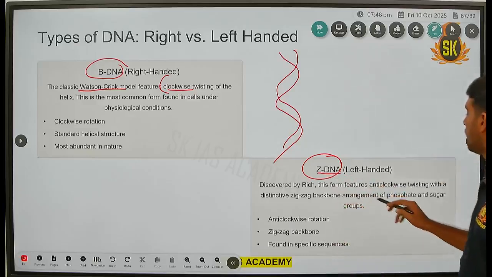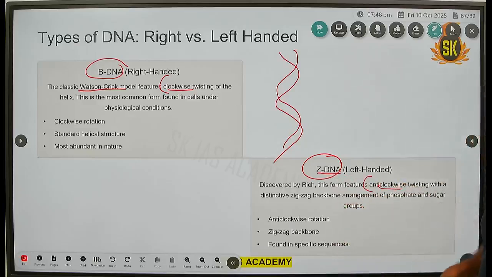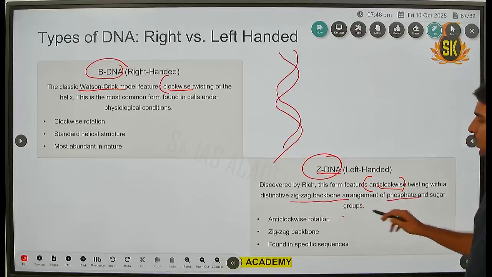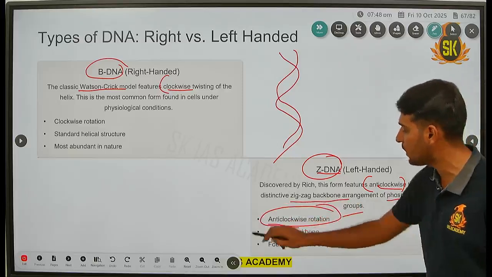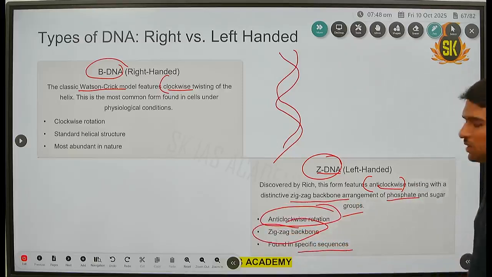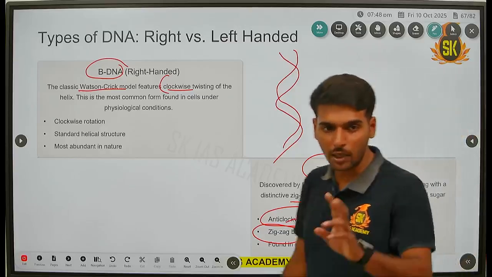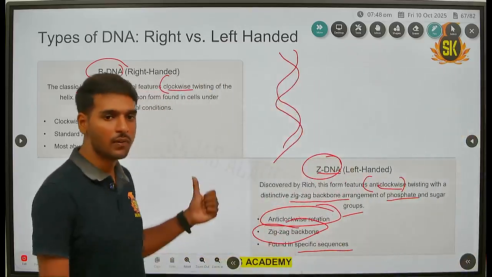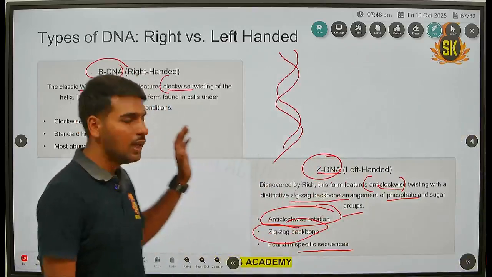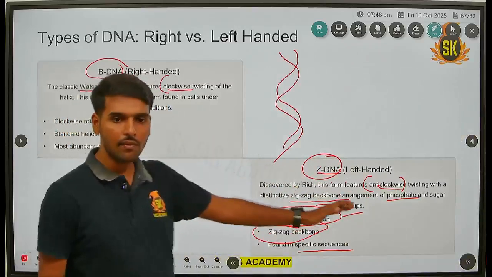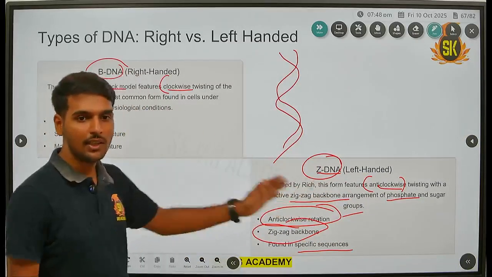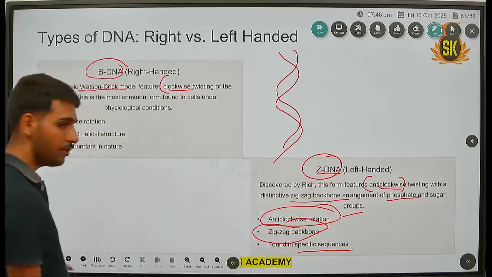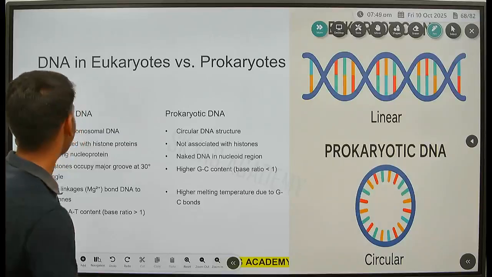And ZDNA is anti-clockwise, so things will be opposite here. It has a zigzag backbone arrangement of phosphate with anti-clockwise rotation, found in specific sequences only. So this is your clockwise, this is anti-clockwise. Right-handed, left-handed. BDNA, ZDNA.